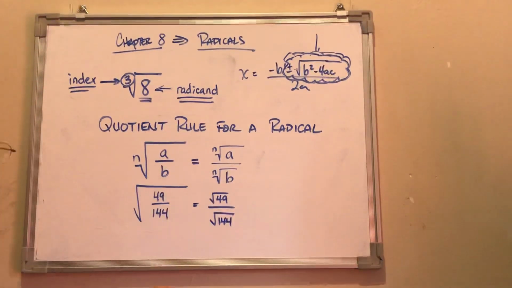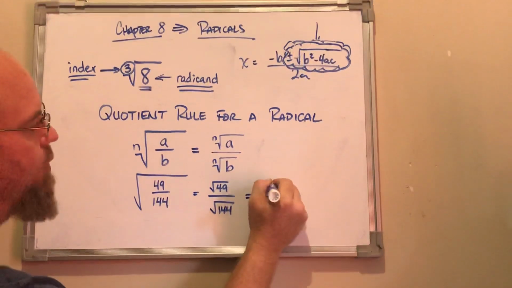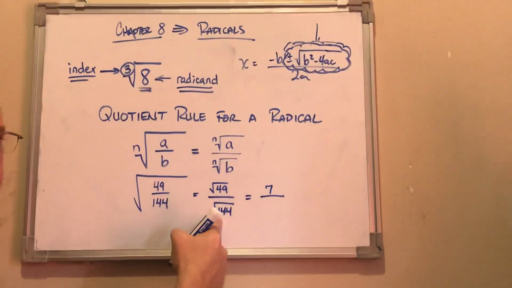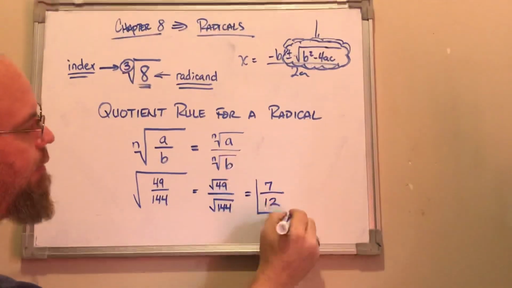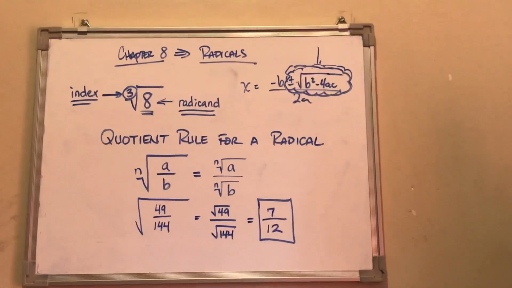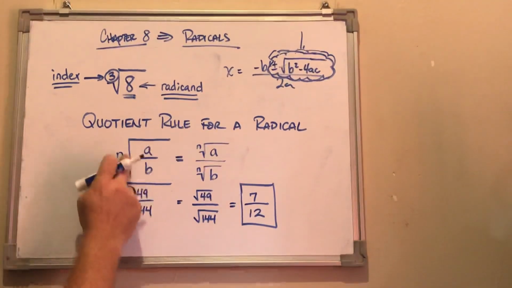Well, we know the square root of 49 is 7 times 7, so that equals 7. And we know the square root of 144 is 12 times 12, so that is 12. All right? So your answer would be 7 over 12. And you can see how we use the quotient rule for this.